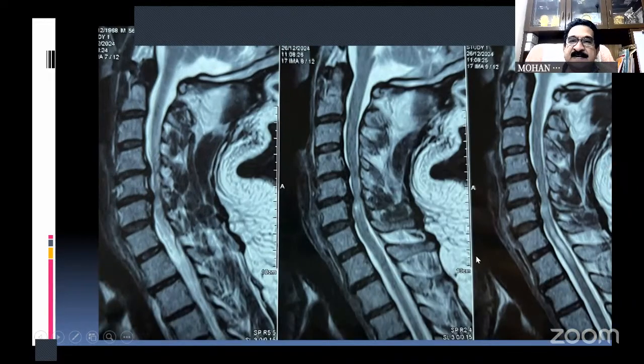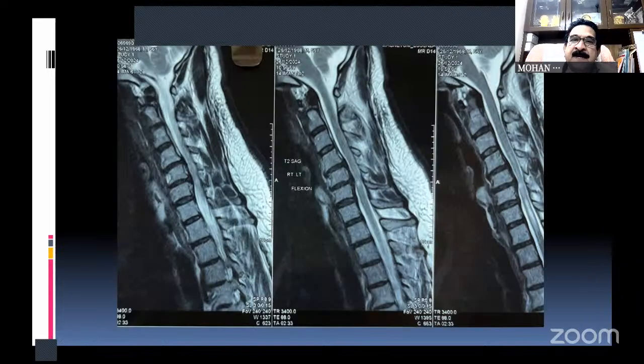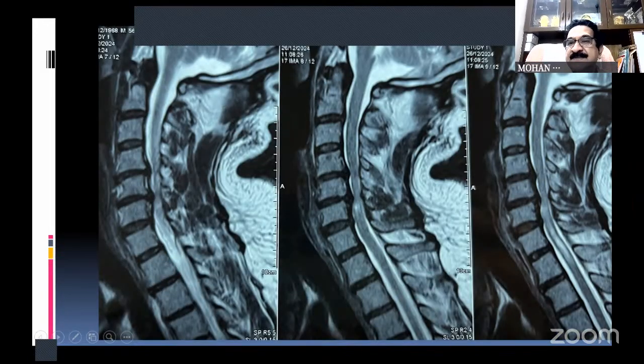This is the extension film. Then the MRI in flexion. Again, not much change in the compression at all. See, in neutral, extension and flexion, the cord compression is very minimal, if at all present. The cord is well seen; the only thing is a mild compression in the flexion film, and mild compression in extension, but not much.